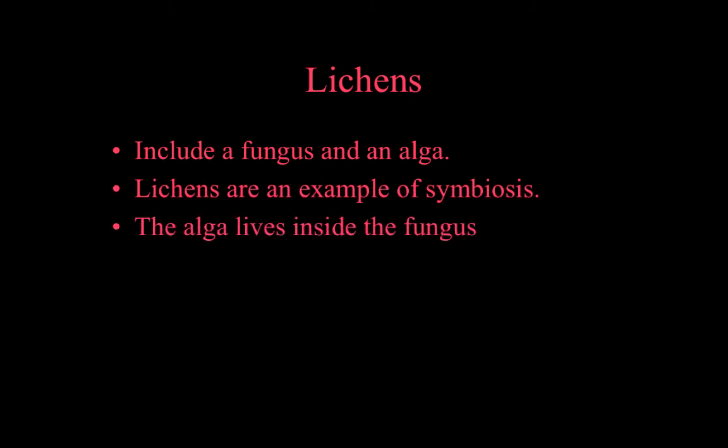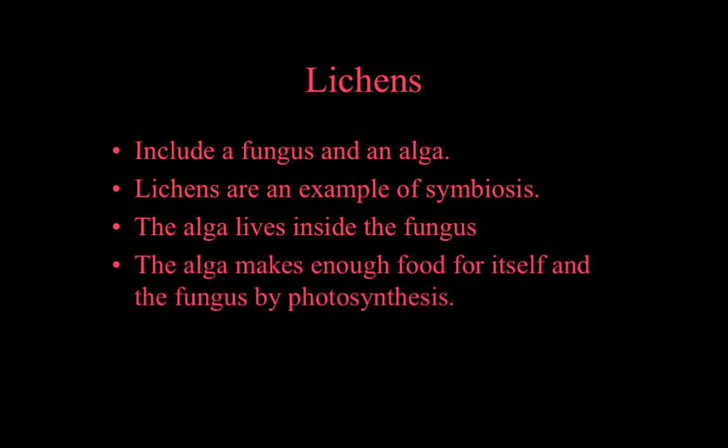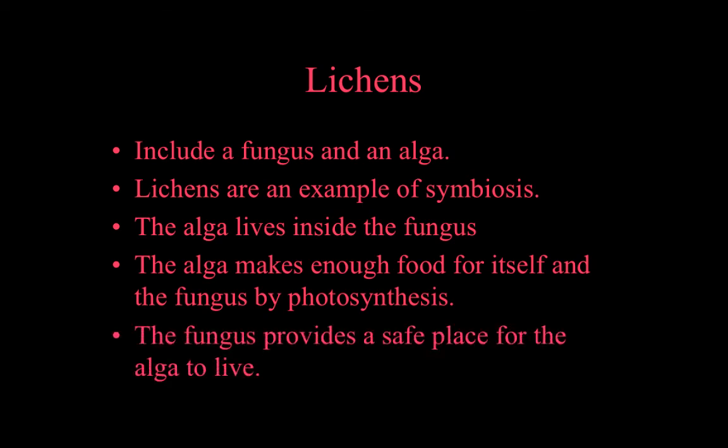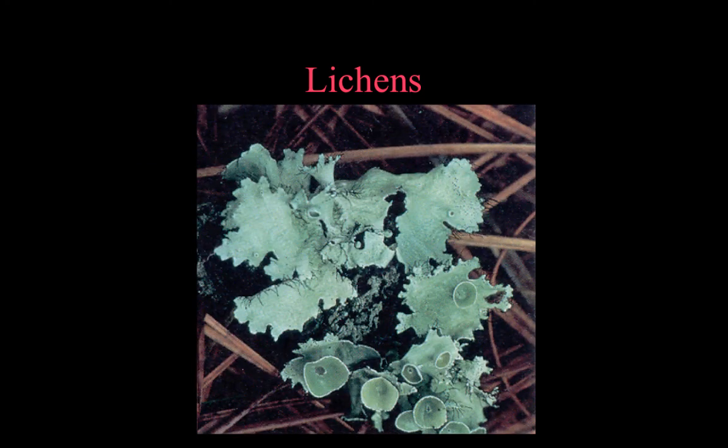The algae actually lives inside the cells of the fungus, and the algae does photosynthesis, producing enough food for itself, but also a surplus of glucose, which the fungus then uses for its own food source, and in return, the algae gets a safe place to live where it's protected. There's a picture of a green lichen growing on straw. A lot of times lichens are found on rocks and on the trunks of trees.